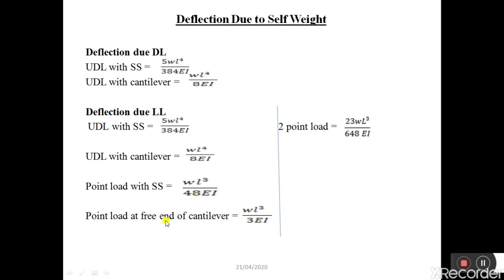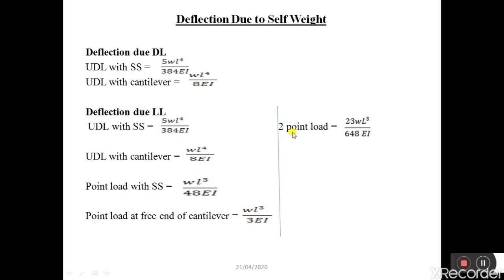Similarly, for a cantilever beam where the live load acting on it is a point load, and this point load is acting at the free end, the formula to calculate deflection due to live load is WL³ by 3 EI.